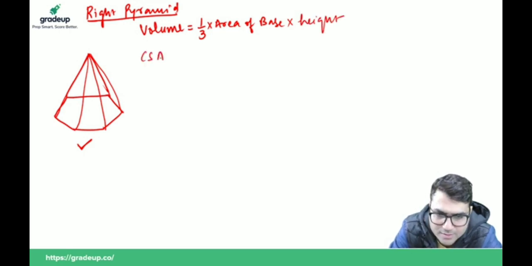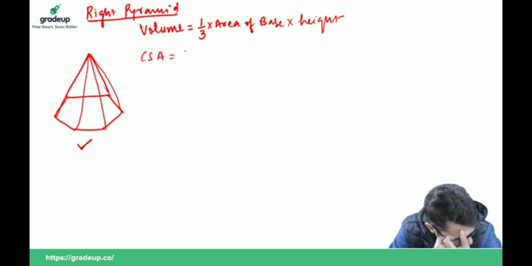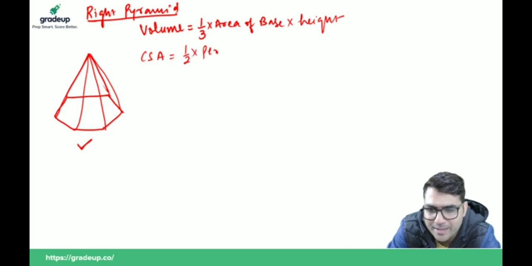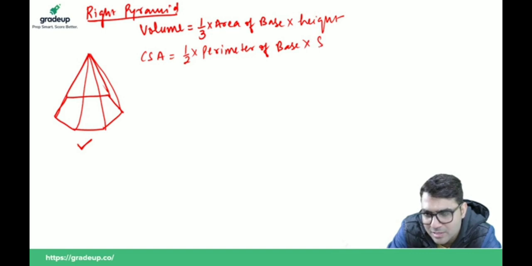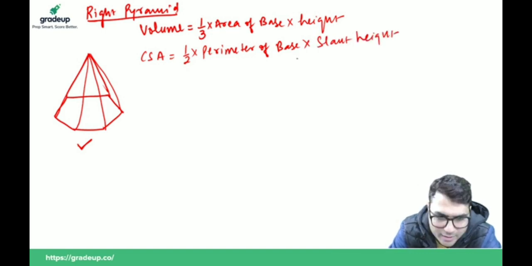Curved surface area is 1 by 2 perimeter of base into slant height. I will tell you what the slant height is, but figure wise.